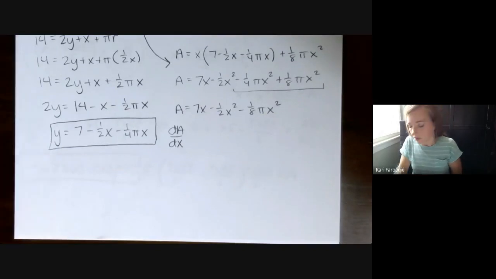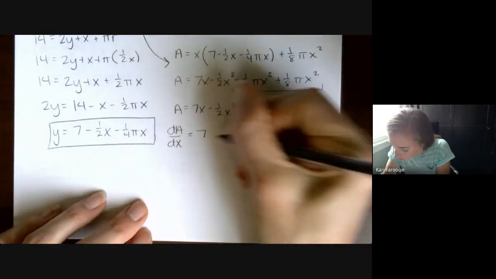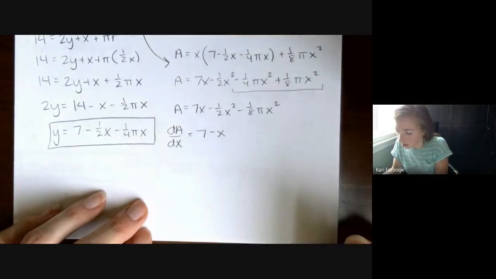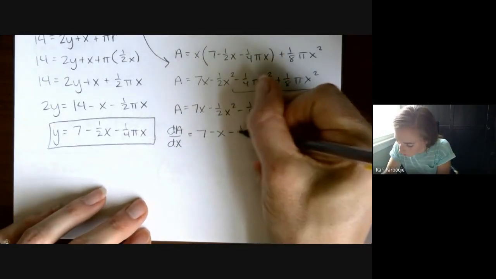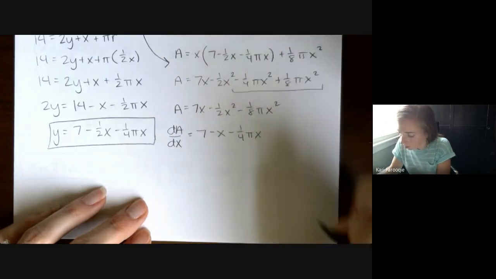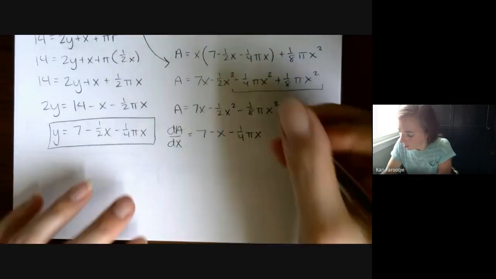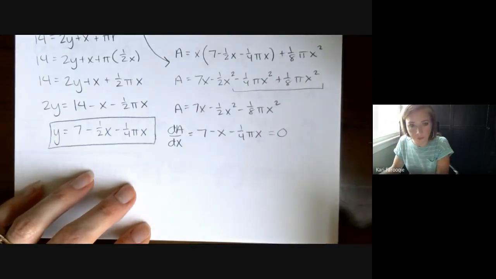So let's go ahead and take this derivative. 7 minus, multiply by 2, and you just get x, and then minus 1/4 pi x. Set that equal to 0.